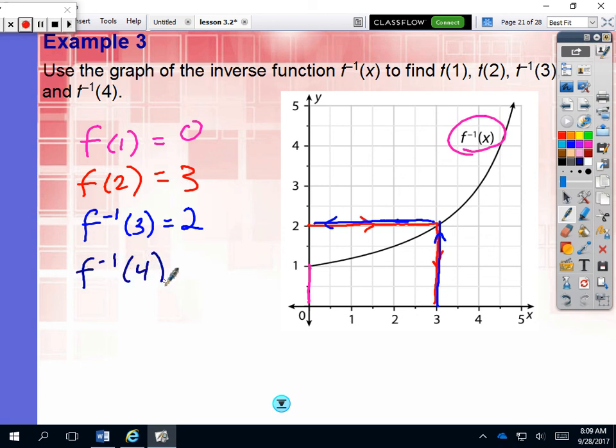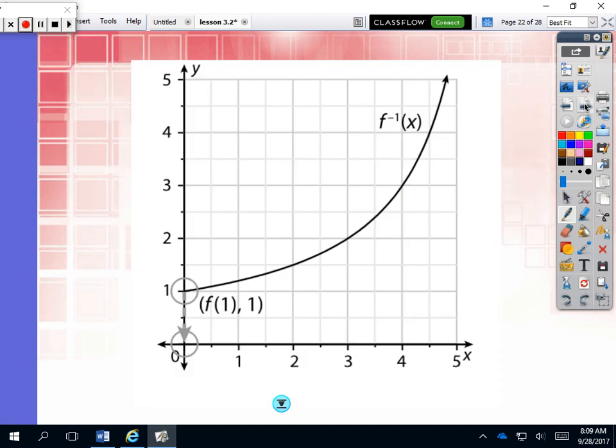So I go to 4 on the x column because x equals 4. F inverse of 4 equals 3. The next, oh, they just give you more graphs.